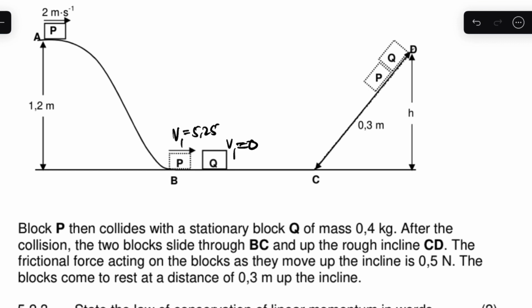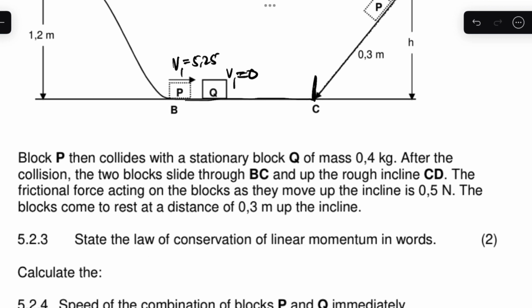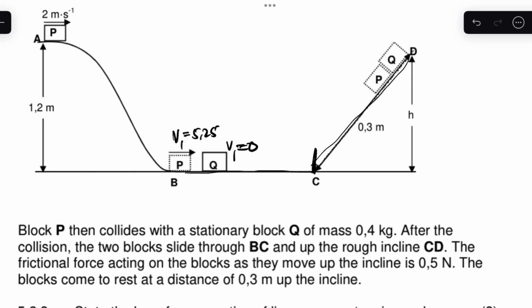So after colliding, they will move off together, right, to this point, and climb up there. Okay, let's read. After the collision, the two blocks slide through BC, and up the rough incline CD. The frictional force acts on the blocks as they move up, so there's a friction here.